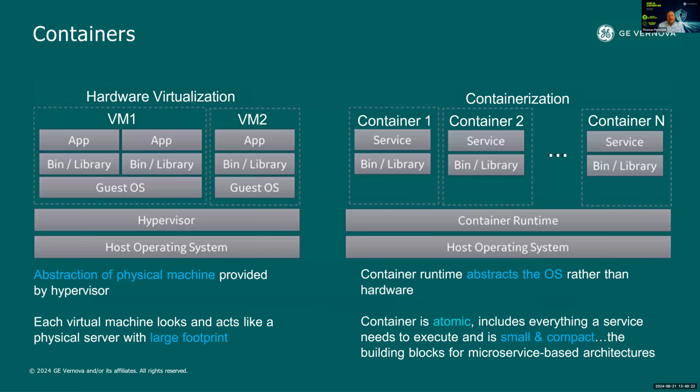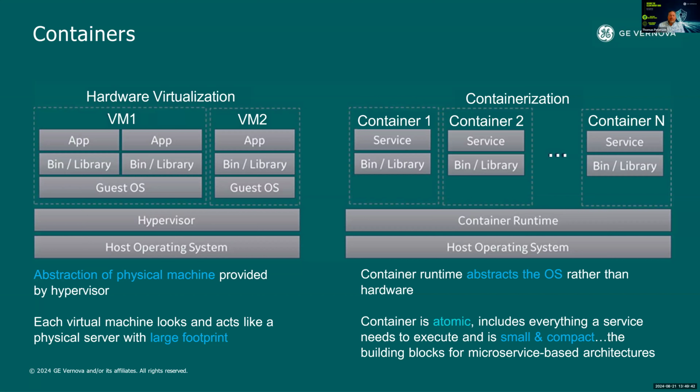Containers. There are different virtualized architectures that solve different problems with different economic, compliance, and efficiency benefits. Where hardware virtualization introduces a hypervisor to virtualize the underlying hardware platform, containerization takes a different approach.